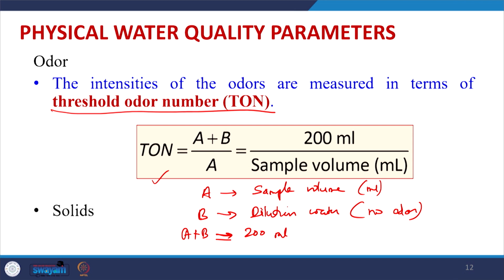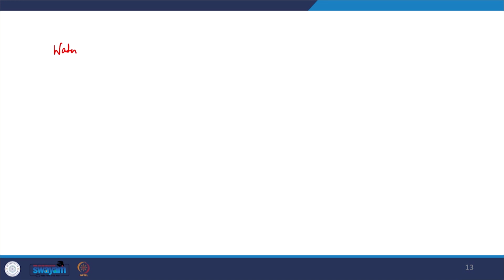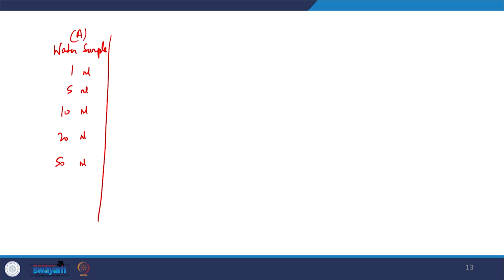Now, how to determine the TON? What is done is that the water sample is taken. So, we have different amounts of water sample which are taken. It may start from taking suppose 1 ml, 5 ml, then 10 ml, 20 ml, like this we can take larger amounts of water sample, then this is the value A. Then we have the dilution water which is the value B, and this is taken.